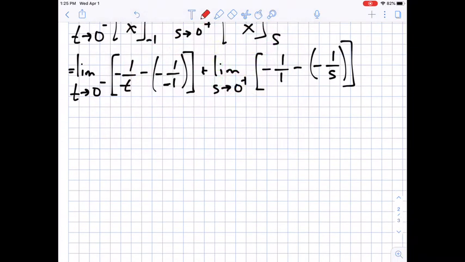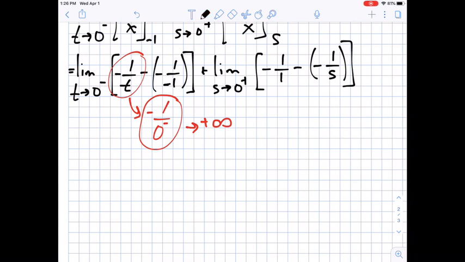So on the first one, t is approaching 0 specifically from the left. So this term is going to be approaching -1 over 0, but our t is approaching 0 from the left. And so this whole thing altogether, we have a constant divided by 0, so it will be infinite. But we can specifically tell that it's going to be going to positive infinity, because here we have a negative and here we have our negative. So fine, that first term is going to be going to positive infinity.